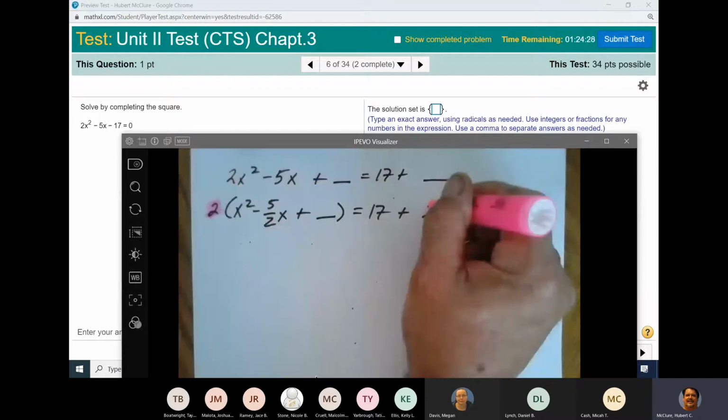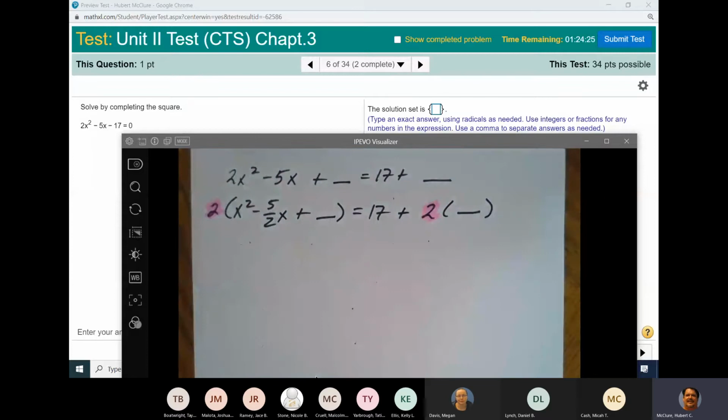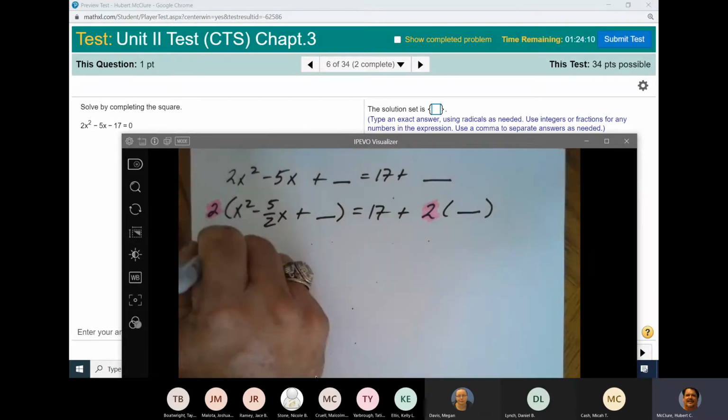Whatever you factor out, you have to multiply by that right side blank. And for the 5 halves, in orange, I'm going to put a baby step in here for you.